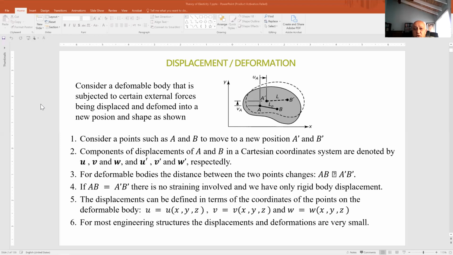It may be even larger than the thickness of the plate. Theory of elasticity that we talk about today deals with the problem only when displacement is small. It is small compared to every dimension of the body.